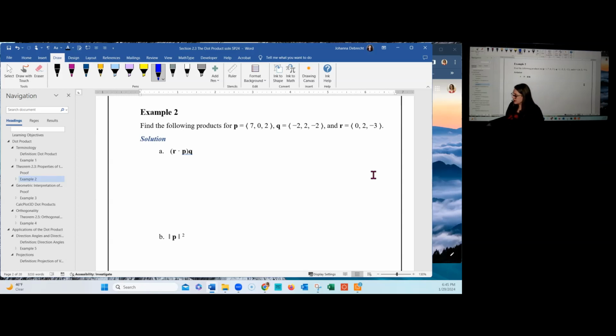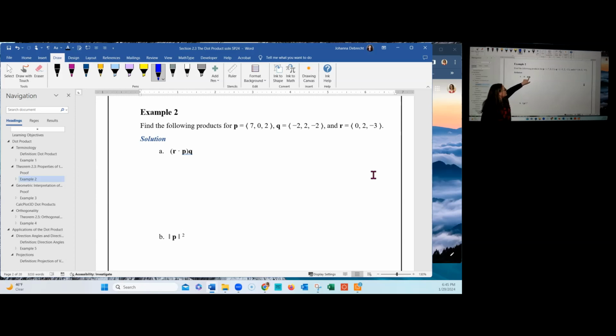In example 2, we have vector p, which is 7, 0, 2, and vector q, which is -2, -2, and r, which is 0, 2, -3. You'll know they're vectors because they're bold-faced. When we handwrite, we'll use a harpoon or an arrow over it. So the first thing I want to do is find r dot p and then multiply by q.